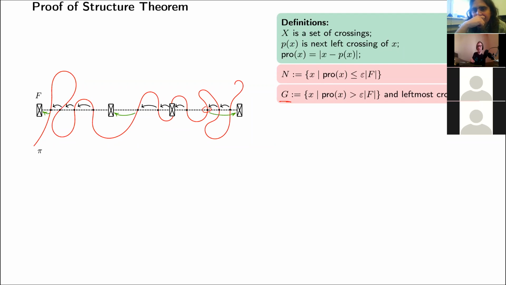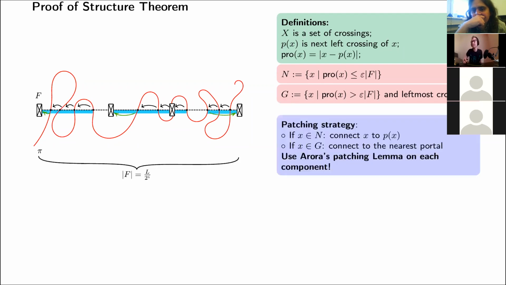So this will be represented by these green arrows. Yeah, this notion of parent doesn't work for the last crossing, so we will also put it into G. Okay. And now our patching strategy is simple. We connect the near set to its parent and the set G to the closest portal, and use this Arora patching lemma on each component.